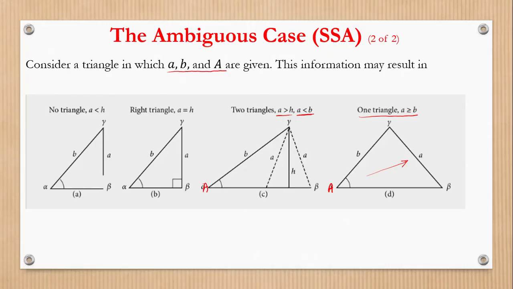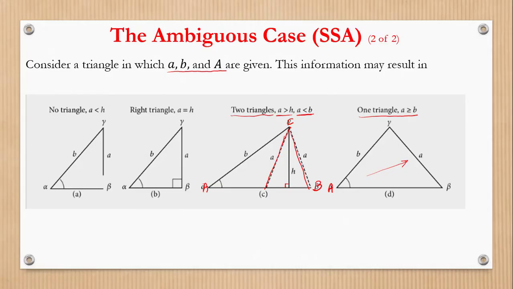The height of the triangle means a line that we draw from one angle perpendicular to the opposite side. That's the height. But if A is greater than this height, it can be in this form over here, or it can be over here. In this case, we will have two triangles, and you can see on the picture why.